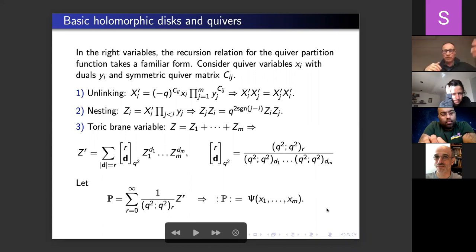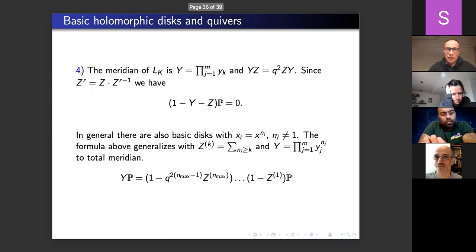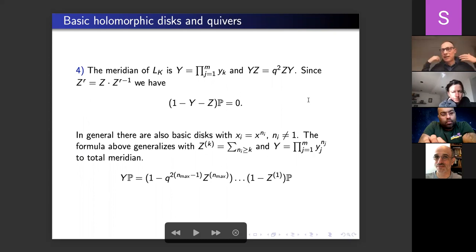It's somehow, from this previous formula, easy to check that when I normal order this out, I get exactly the quiver partition function. And then what happens is that since z_r is equal to c times z_r inverse, z_{r-1}, we have this kind of recursion formula in these strange variables. So it's exactly the toric brane recursion formula.